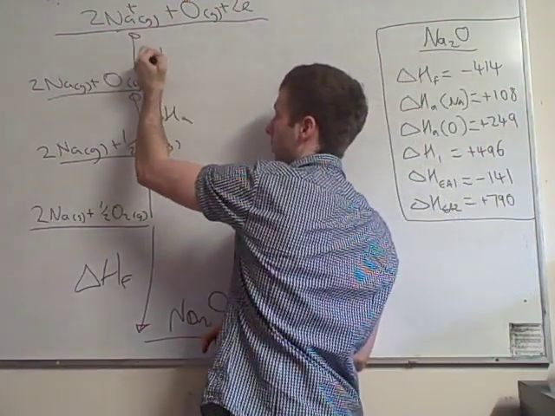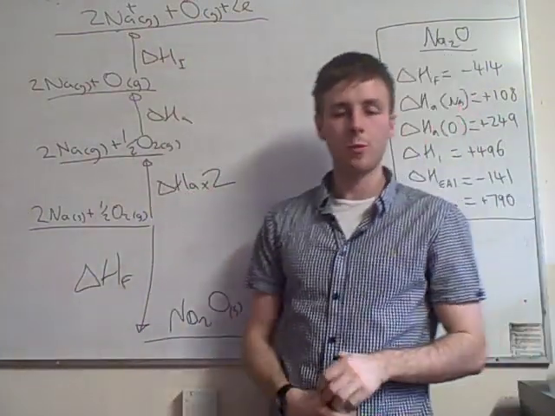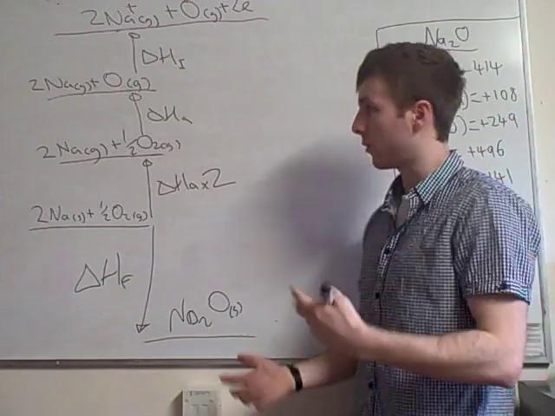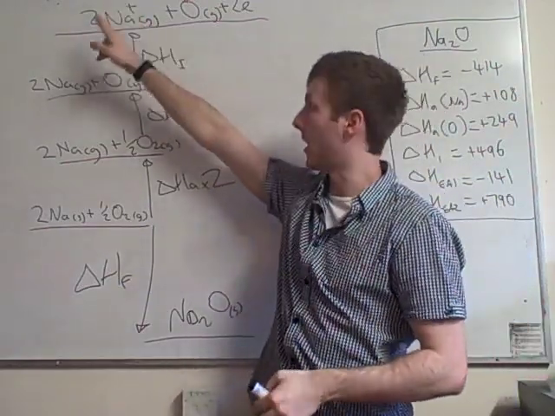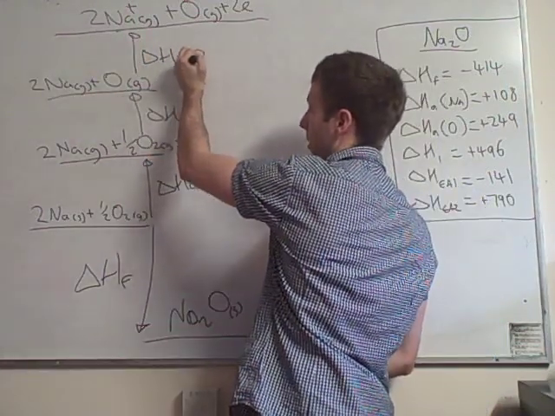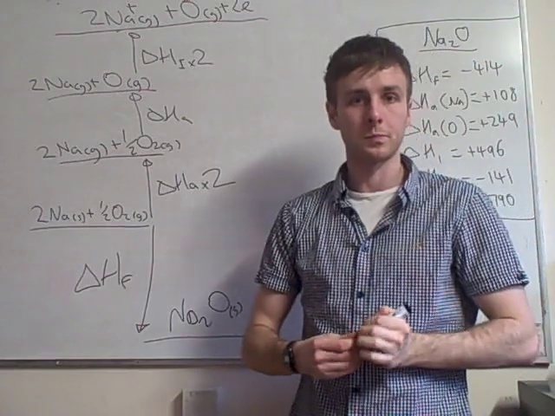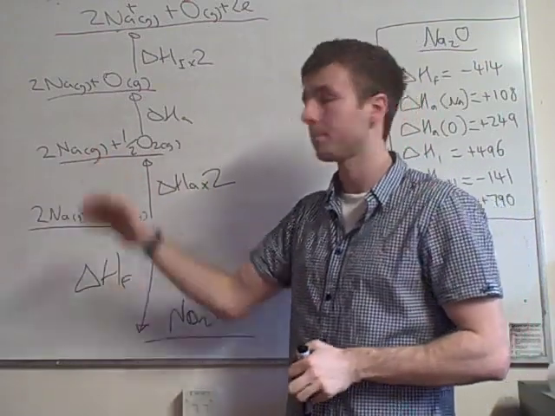This is my enthalpy change of ionization. And just like down here, enthalpy change of ionization is the enthalpy associated when we make 1 mole of positive ions. Now, we're making 2 moles, so whatever this number is, I'm going to need to multiply it by 2. Okay? So you do need to take into account your molar ratios here.